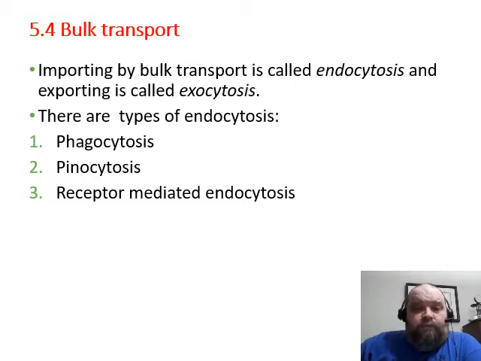Phagocytosis. Phago meaning eating, cytosis, cell. So it's literally a cell eating. Pinocytosis means small bits. Pinocytosis literally is the cell taking small little sips of the liquid around it to see what's there, what proteins, what compounds are there that maybe shouldn't be or should be there.